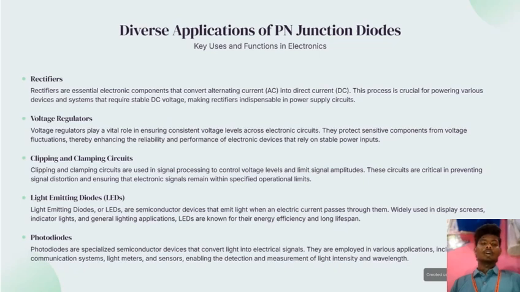Photodiodes. Photodiodes are specialized semiconductor devices that convert light into electrical signals. They are employed in various applications including communication systems, light meters and sensors, enabling the detection and measurement of light intensity and wavelength.